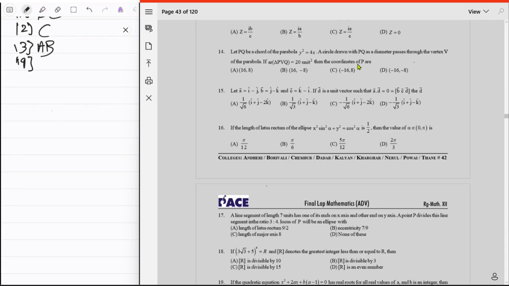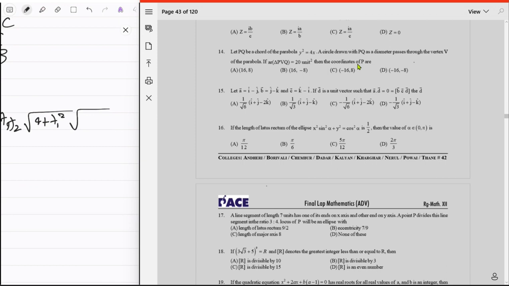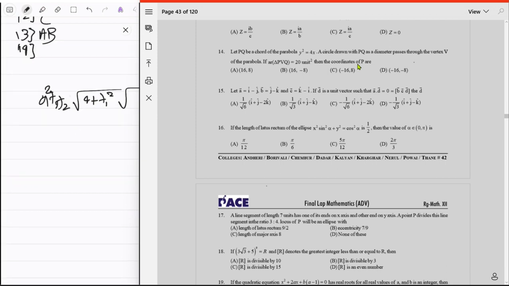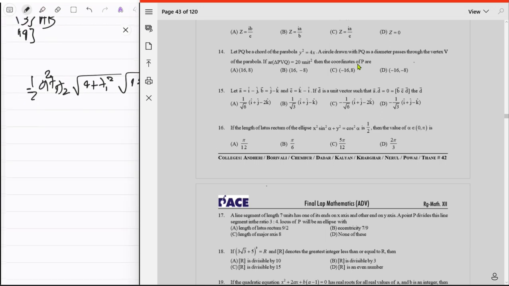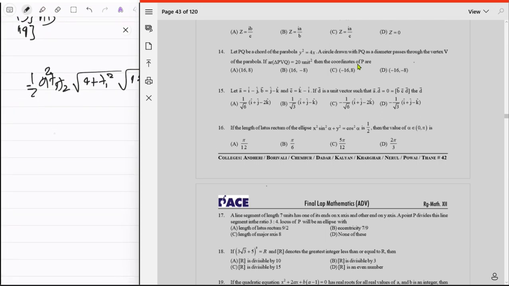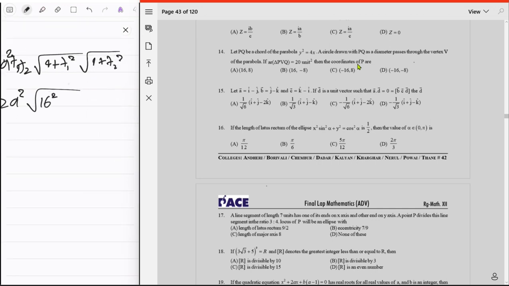So that area will be a times mod of t1 t2 into square root of 4 plus t1 square and then square root of 4 plus t2 square. It will have a, so like a square in that case, because half will also be here. Since t1 t2 is 4, it's like 2a square times square root of 16 plus t1 t2 whole square, which is 16 plus 16 and then plus 4t1 square plus 4t2 square.